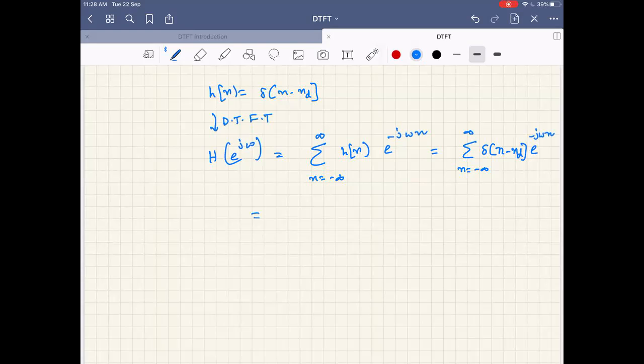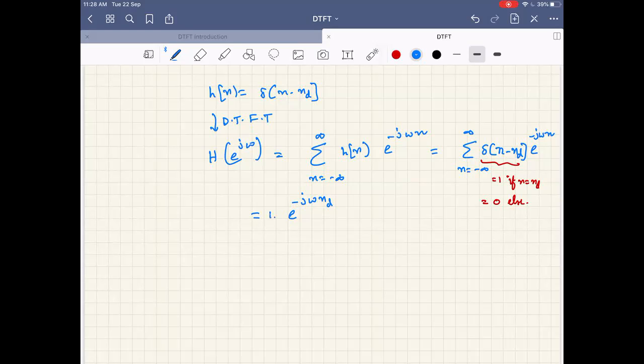And this is non-zero only for n equal to nd. So when n equal to nd, the answer is 1. Remaining times it is 0, so explicitly this is equal to 1 if n equal to nd and 0 else. Given this, how do I write this whole summation? As e power minus j omega nd into 1 and remaining all zeros.